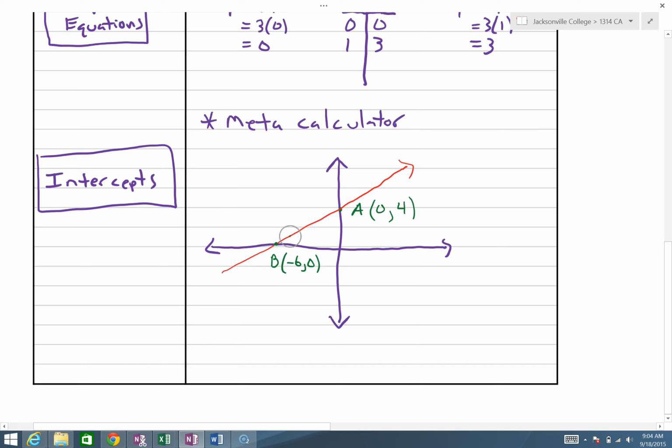These points will help us find what are called the intercepts. The intercepts are the particular values where the line crosses over the x and y axis.